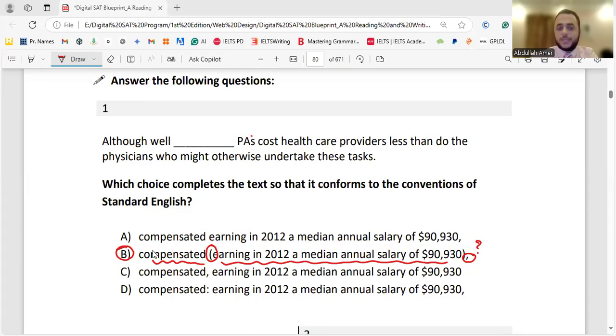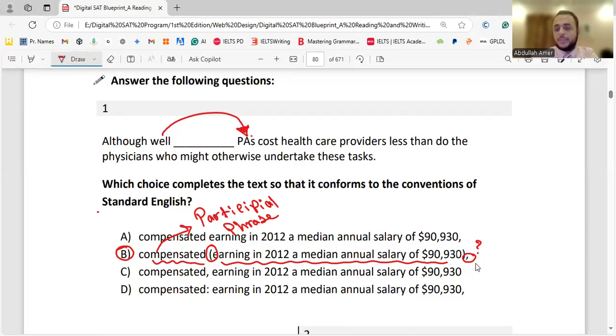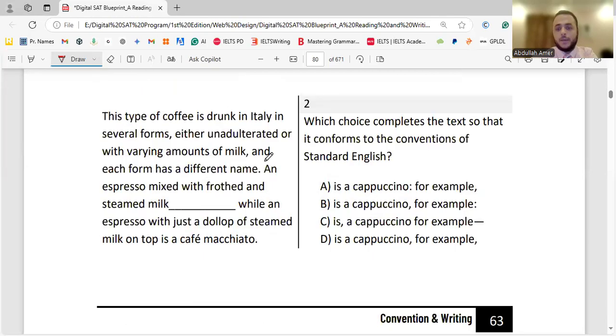So well compensated is a participial modifier, a participial phrase. Now we have an initial participial phrase. So this initial participial phrase works as a modifier to PAs. And that's why we add a comma after it. Thank you. Now, answer number 2, please. You have a minute.